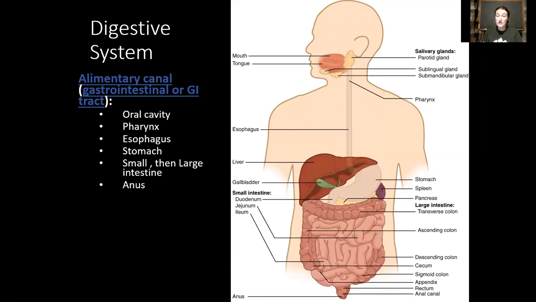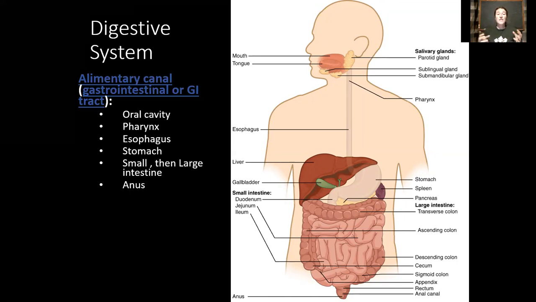Even though the physical space between mouth and anus may only be about 3 feet, we're going to see that the digestive system is very coiled, and therefore it provides a lot more opportunity for the functions inherent to the digestive system. That is, specifically, breaking down larger molecules into small molecules that can actually be transported within the blood. Of course, there's a lot more to it than that, but that is the primary function of the digestive system. We can call this long continuous tube the alimentary canal.